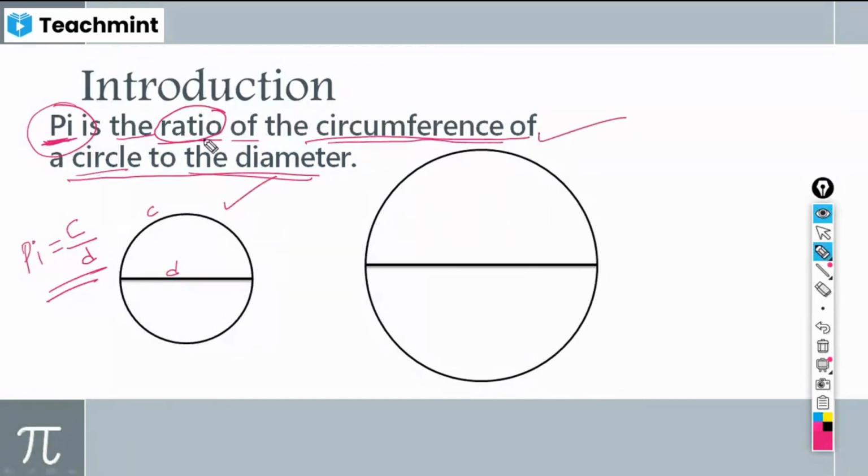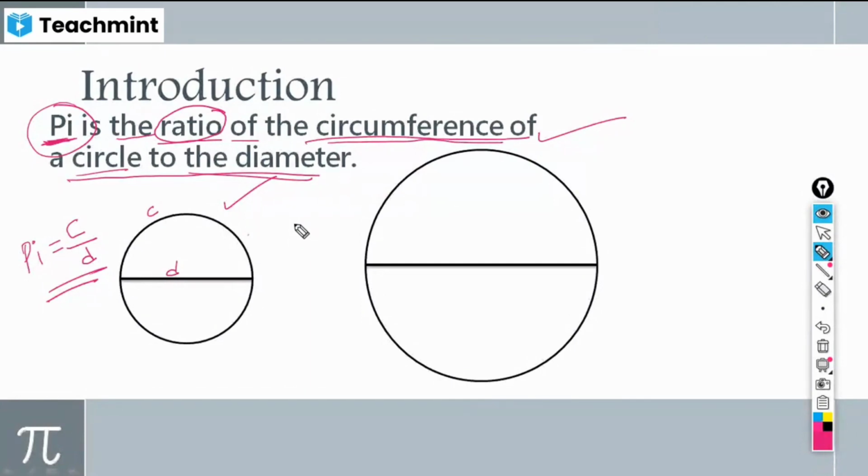Then what is the reason I have drawn two circles? The special thing about pi is that it is called a constant, a special kind of geometrical constant. It is got when you divide the circumference of any circle of any size by its diameter, and that value is always constant. I am repeating once again.